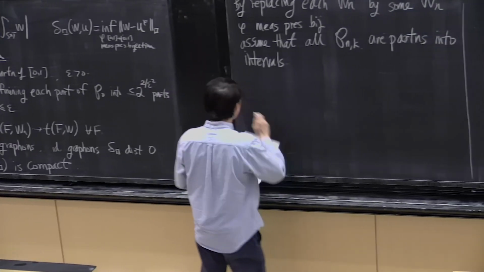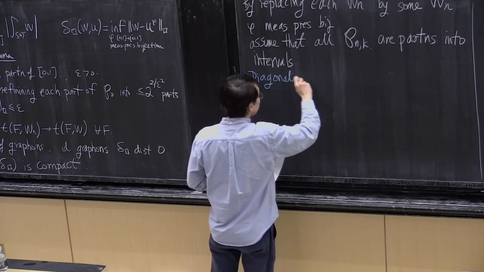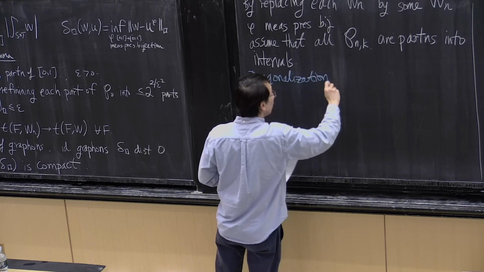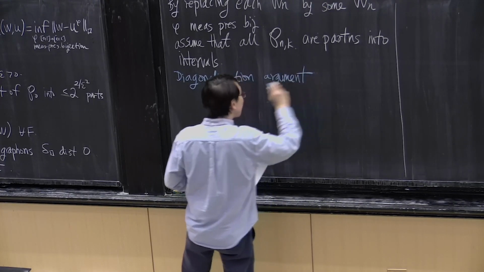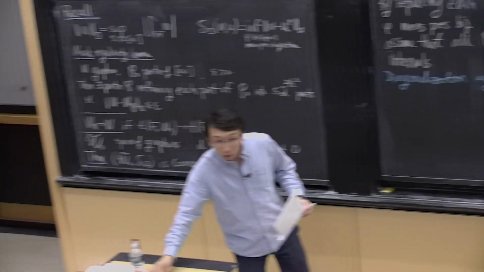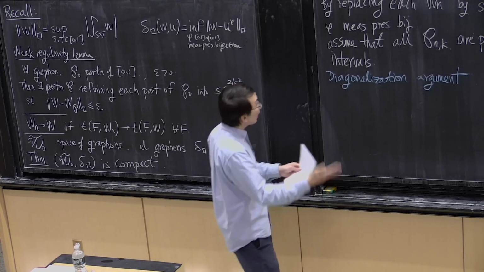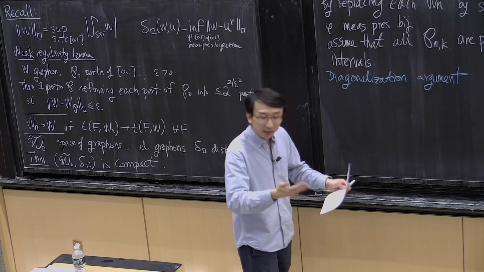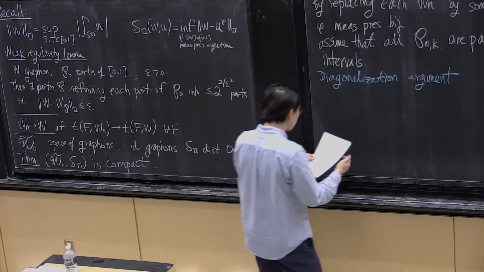And what's going to happen next is some kind of a diagonalization argument. We're going to be picking subsequences so that they are going to have very nice convergence properties. And so I'm going to repeatedly throw out a lot of the sequence. So this is a diagonalization argument.